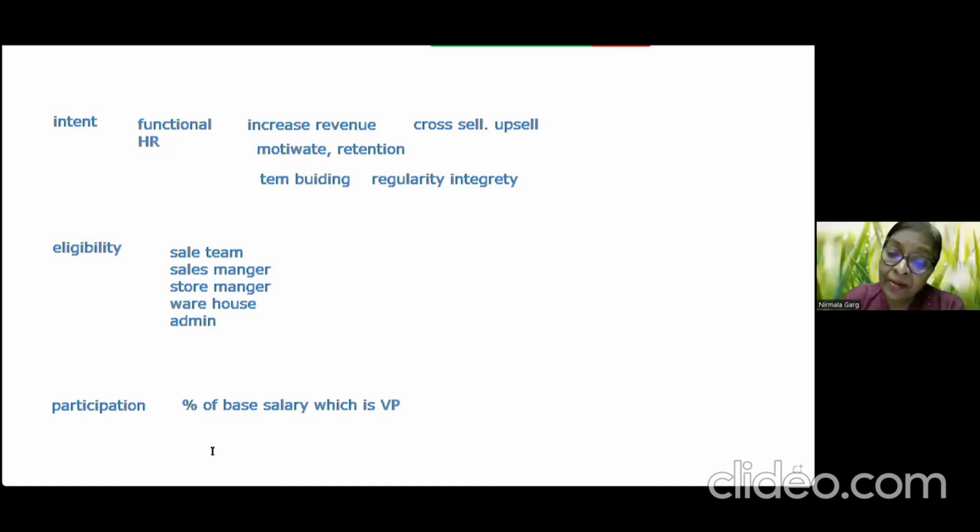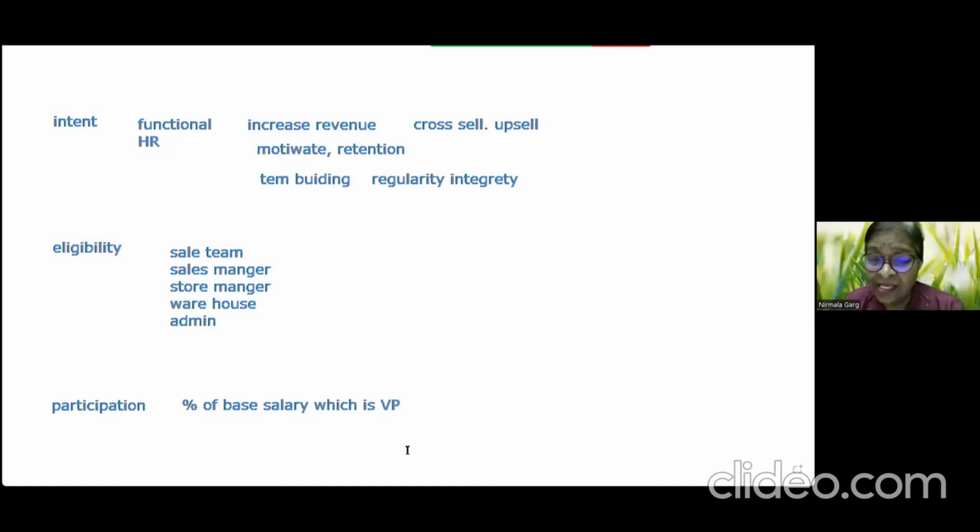Right. Because if I'm going to have a high percentage of variable pay for HR people, who are only indirectly contributing to the output, then it's not justified. Even if they stretch, it's not going to really work. I can't have a 40% variable pay for an HR person because the job as such has no elasticity to perform.